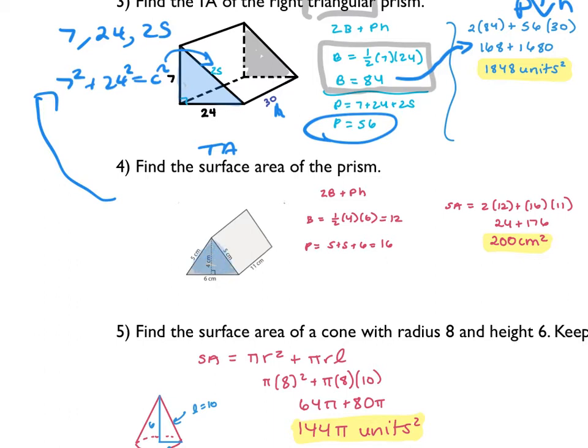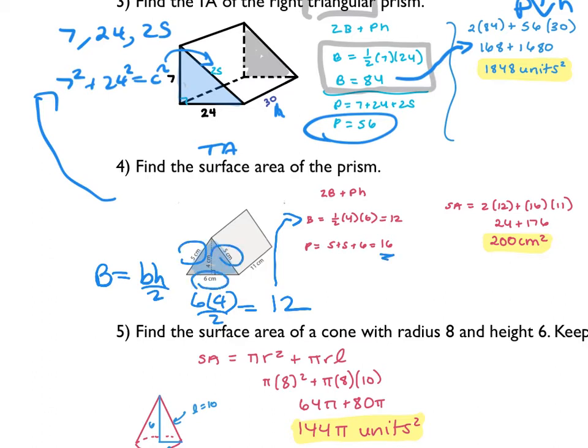To find the area of the triangle base, I'm going to do BH divided by 2. My base is 6, my height is 4, divided by 2. My base area is 12, which is what was calculated here. Perimeter, you're just going to add 5 plus 5 plus 6, and you get 16.